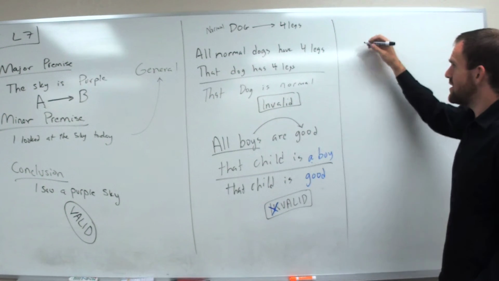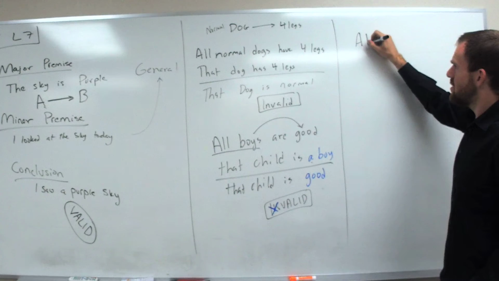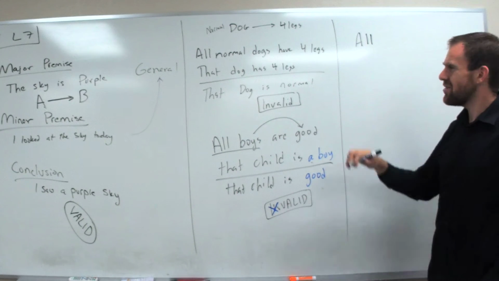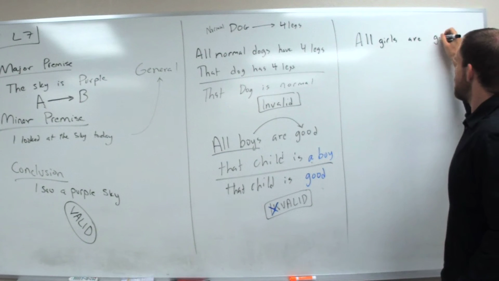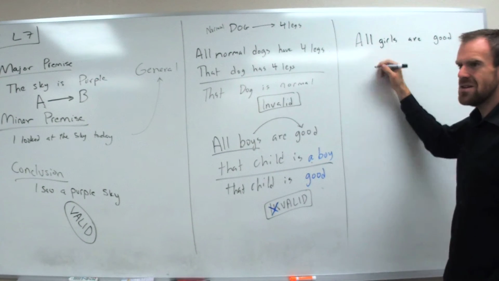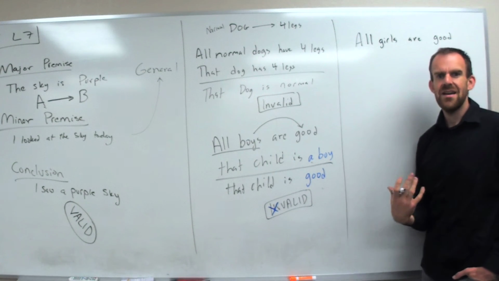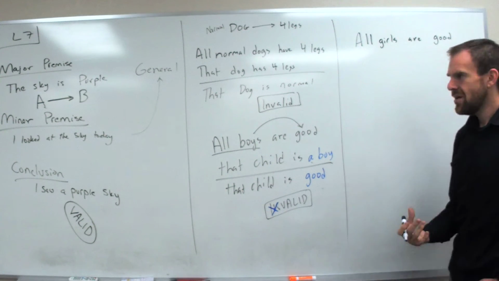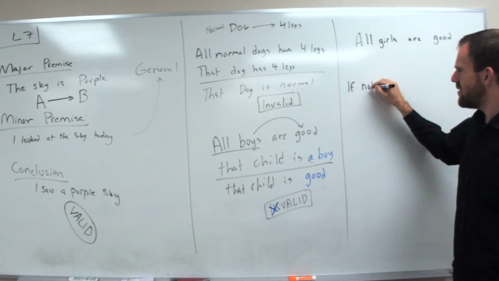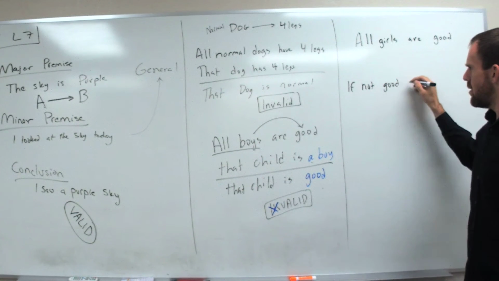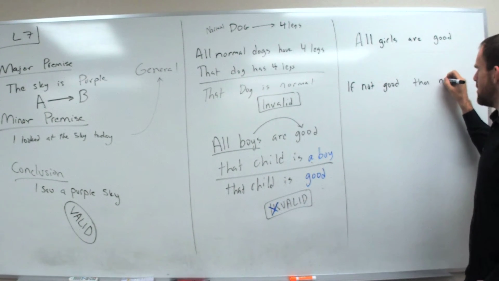So let's take this statement here. All boys, well, you know what? We're not going to leave the girls out. All girls are good. If this is your original statement, I can also write an equivalent statement that looks like this. If not good, then you're not a girl.